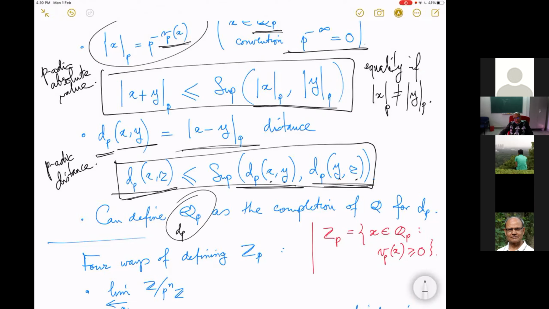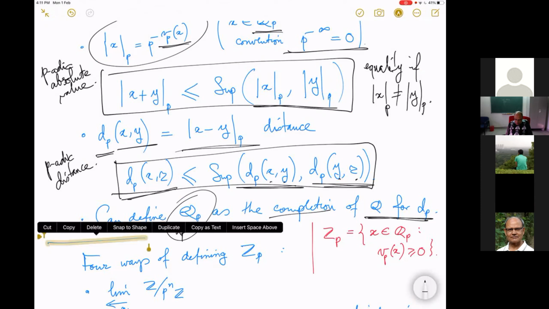So QP is a metric space and one can ask for its completion. It turns out that QP is actually already complete, so that one has to check. QP is complete, and you could have defined QP as the completion of Q for this distance dP.